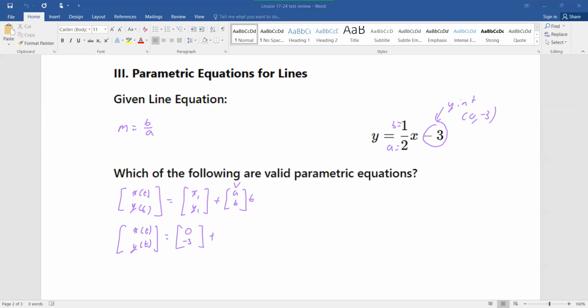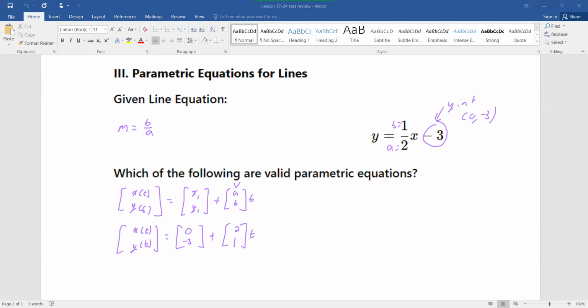Plus, again, my vector is a, b, but the slope is written b over a. So in this case, how's my vector written? 2, 1. Very good. Make sure you switch those. So b over a, but the vector is written as a, b. Okay? And then your t. You still good?